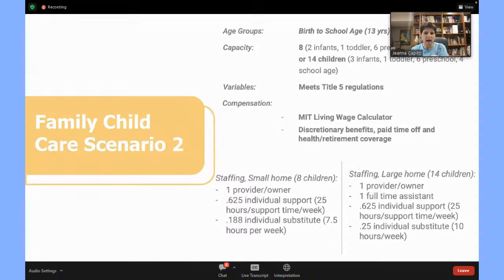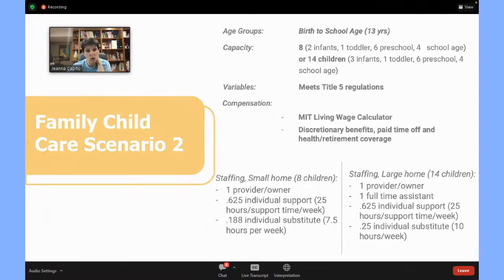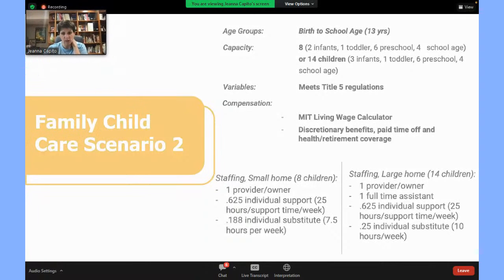The last item is the hours a week of support that supports the provider in being able to do planning, what we refer to as release time for center-based programs. It's 7.5 hours for a small home that meets Title V regulations and 10 hours a week for a large home that meets Title V regulations, because release time is given to both the owner and the assistant to be able to do planning for individualized instruction for the children. So that's the main difference that you're seeing there.